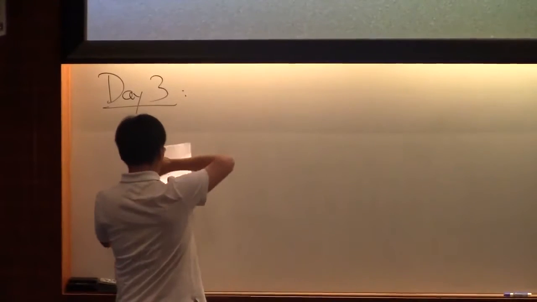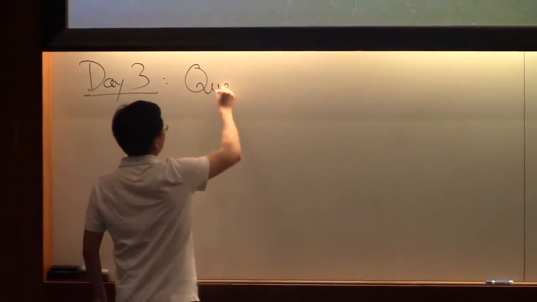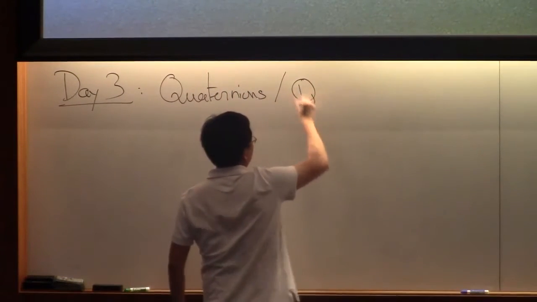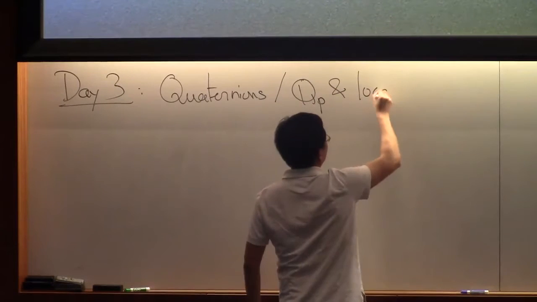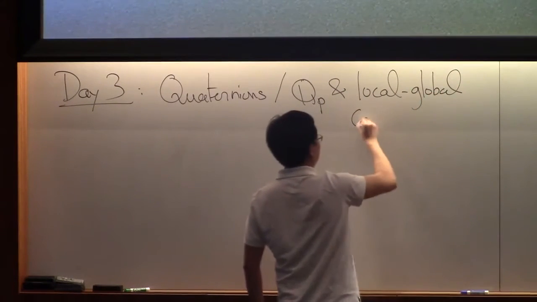Page 3. I'm going to talk about quaternions over Q_p, and I'll say at the end a little bit about global compatibility.